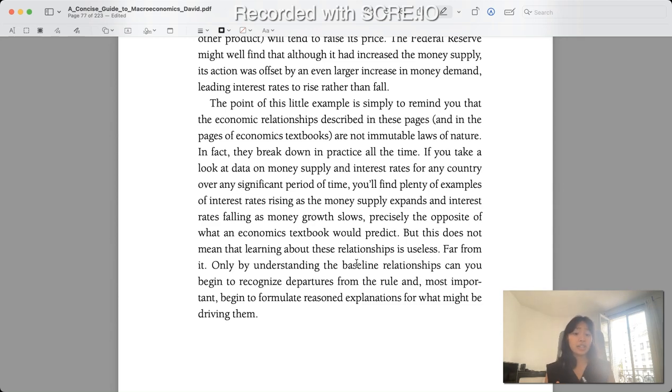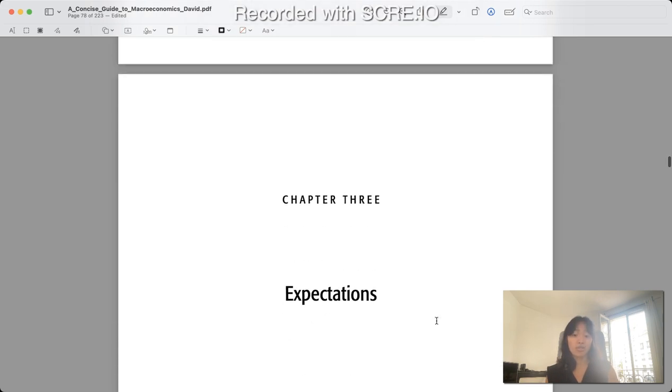If you take a look at data on money supply and interest rates for any country over any significant period of time, you'll find plenty of examples of interest rates rising as the money supply expands and interest rates falling as money growth slows, precisely the opposite of what an economics textbook would predict. But this does not mean that learning about these relationships is useless, far from it. Only by understanding the baseline relationships can you begin to recognize departures from the rule and, most important, begin to formulate reasoned explanations for what might be driving them.